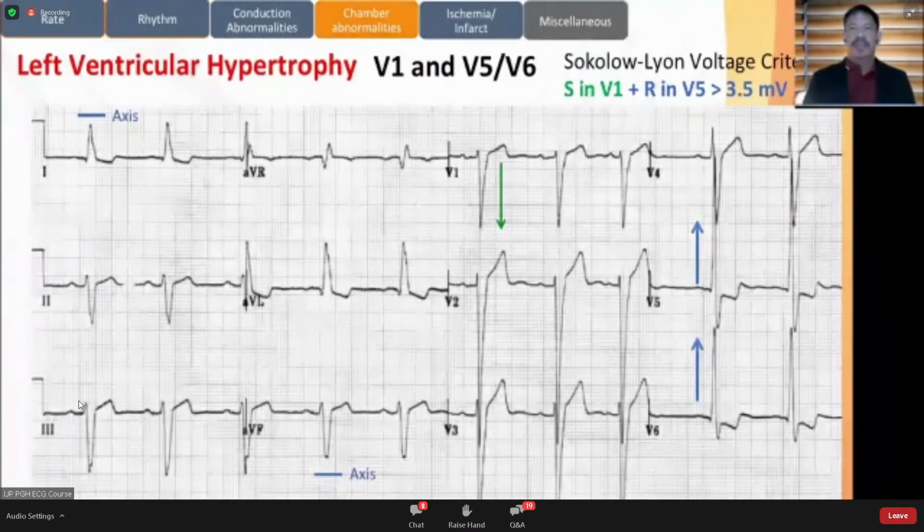For left ventricular hypertrophy, we will see taller R in left-sided leads, specifically V5 and V6. Applying the commonly used criteria, when the sum of R in V5 and S in V1 is more than 3.5 millivolts, then it is read as left ventricular hypertrophy. There may be a concomitant left axis deviation signified by upright lead 1 and negative aVF.